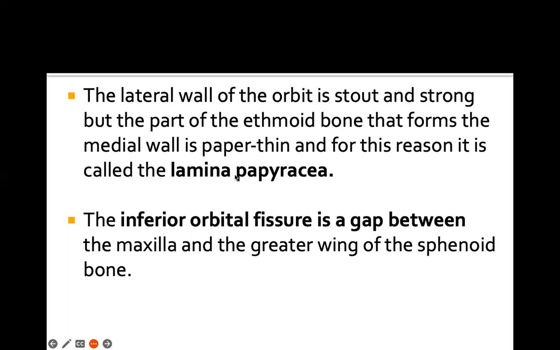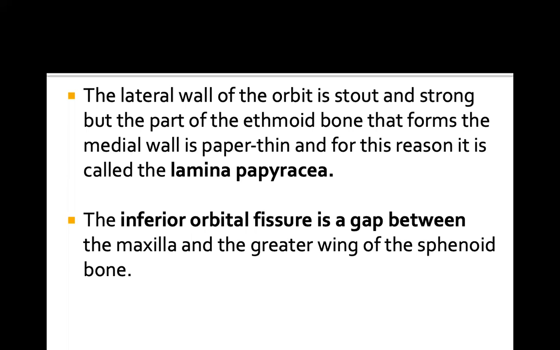So just imagine if this thin nature of a wall were brought to the lateral portion where the zygomatic bone is, then any slight abrasion or blow can cause fractures, okay? And you don't want to have fractures of the orbit because of how delicate the eyeball is, very, very soft.